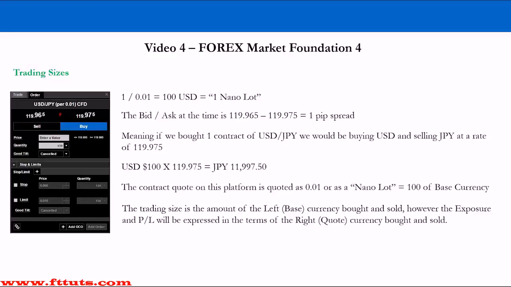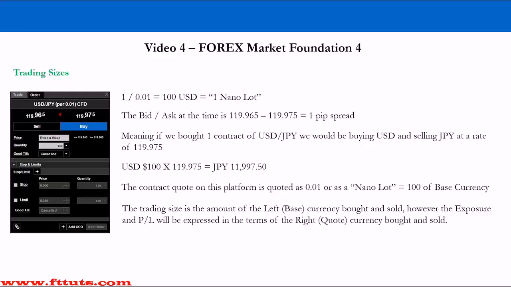So if we work this out, $100 times 119.975 is equal to 11,997.5 yen. So again, the trading size is all in the amount of the left, base currency that's bought and sold. However, the exposure and P&L is expressed in terms of the right, quote currency that's bought and sold.